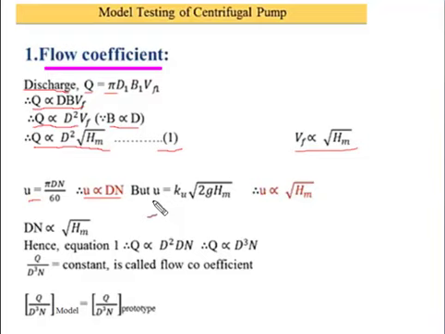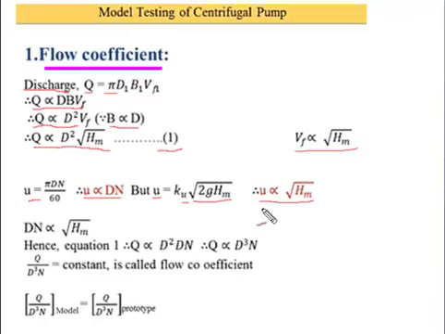From this equation we get U is equal to Ku into under root 2g under root hm. From this equation we eliminate the constant parameter, then we get U is directly proportional to under root hm. Hm is the manometric head.